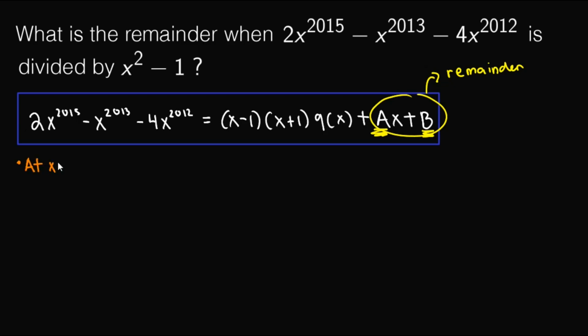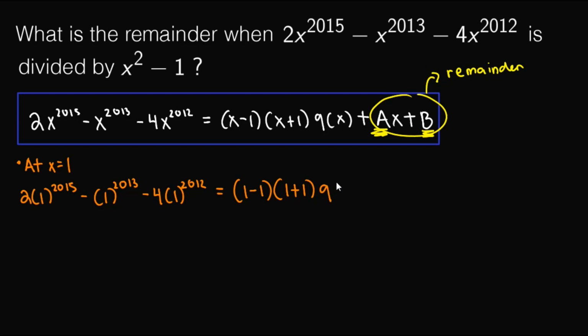At x equals 1, we have 2 times 1^2015 minus 1^2013 minus 4 times 1^2012 equals 1 minus 1 times 1 plus 1 times q(1) plus a times 1 plus b. On the left side, since 1 raised to any exponent is just 1, we have 2 minus 1 minus 4.